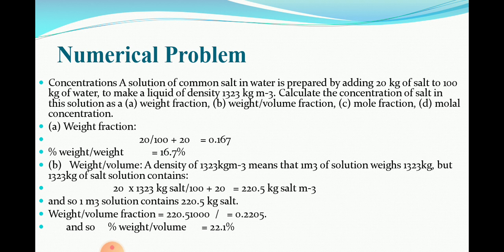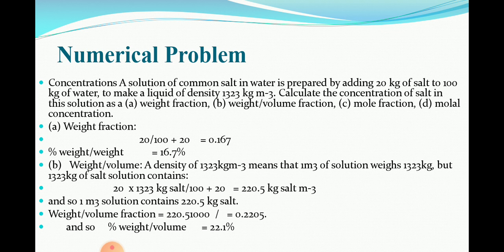When we calculate, we know that the density is given as 1323 kilogram per meter cube. It means that 1 meter cube of solution weighs 1323 kilogram. Now, how much salt do 1323 kilogram of salt solution contain? When we calculate, 20 into 1323 kilogram salt upon 100 plus 20, we obtain 220.5 kilogram salt per meter cube. So 1 meter cube of solution contains 220.5 kilogram salt.